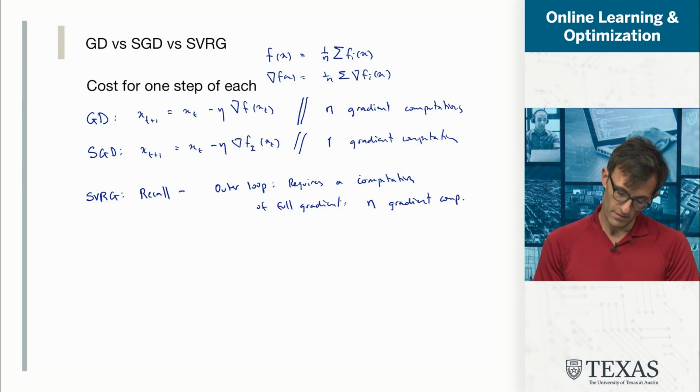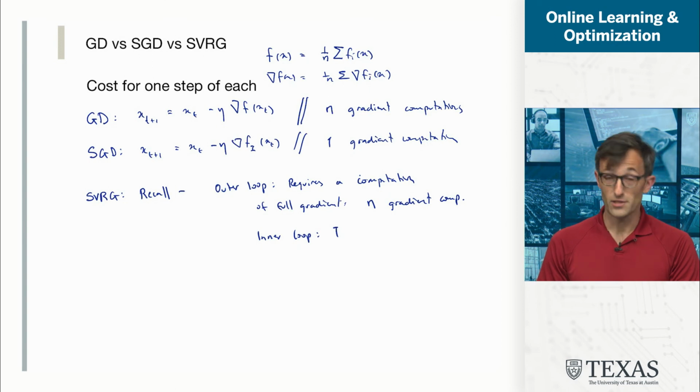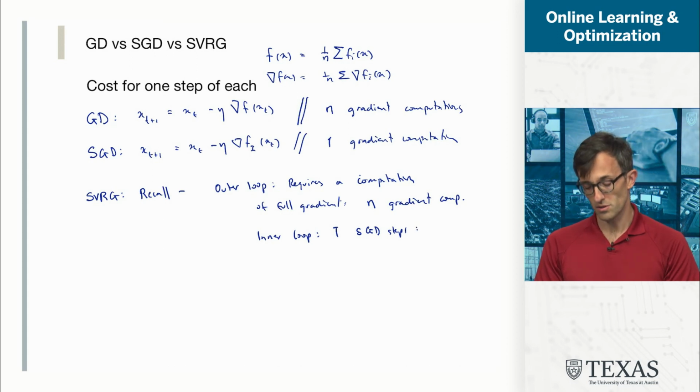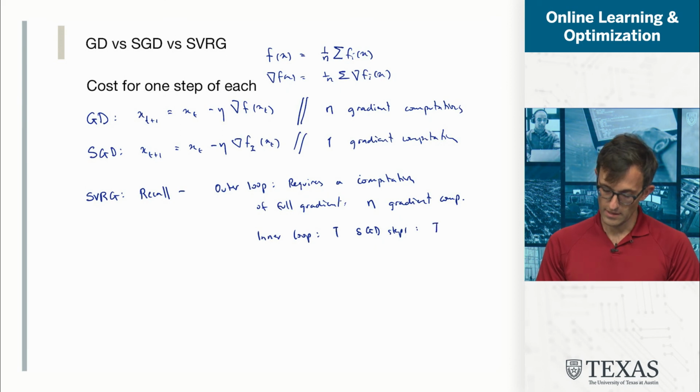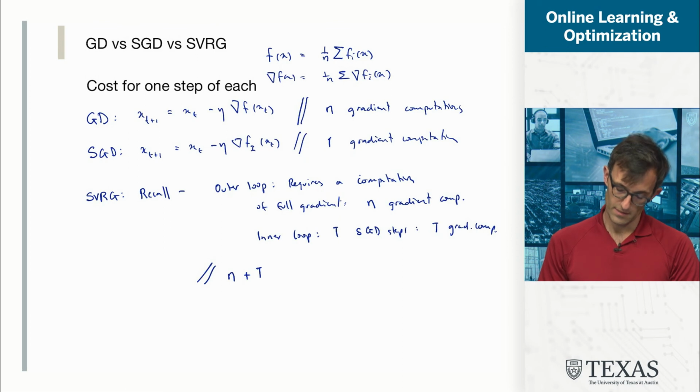And then the inner loop is t SGD steps, where t is the number of iterations in that inner loop. Each SGD step requires one gradient computation, so t SGD steps require t gradient computations. So the total for SVRG is n plus t gradient computations.